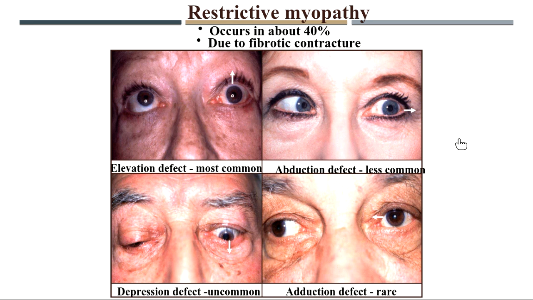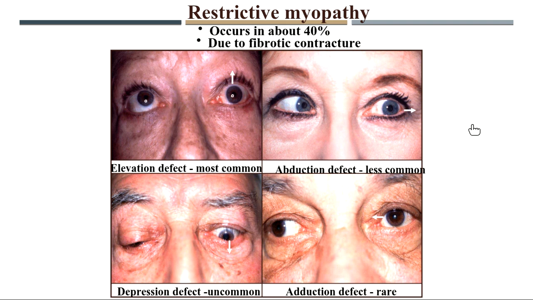And in abduction, which muscle is affected? Medial rectus. That's correct. So the medial rectus would be the muscle that is fibrotic, and preventing the patient from abducting the eye. And when they're looking down, then obviously it would be the superior rectus.